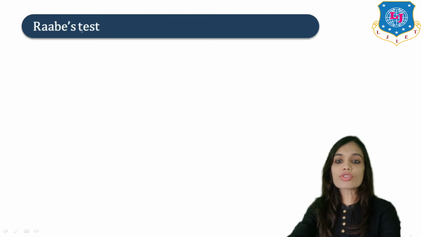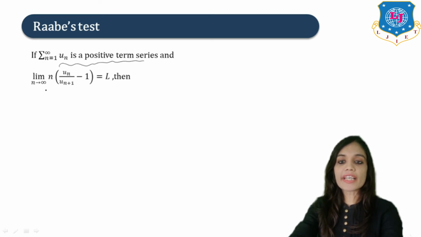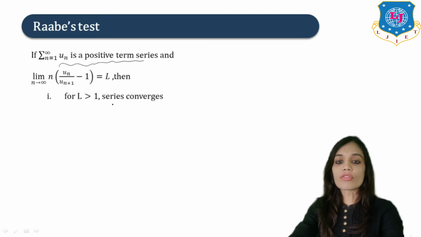Next, the test is Raabe's test. Whenever the ratio test fails for factorial or a constant term raised to a power n, we have to use Raabe's test. If we are given a positive term series un and limit n tends to infinity n times (un upon un plus 1 minus 1) is equal to L, then the series converges for L greater than 1.